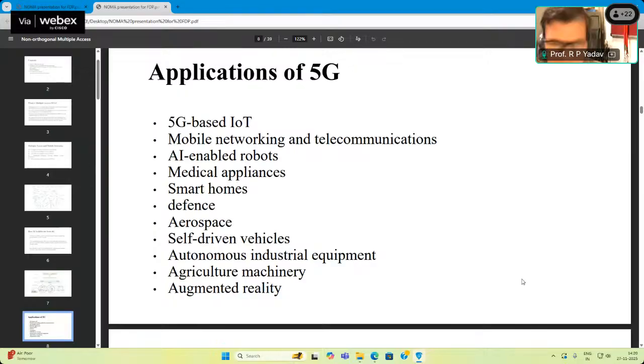There are a number of applications already talked about that are IoT based. This is a very important part of the 5G system. Then mobile networking and telecommunications, AI enabled robots. That's what we listen to every day on TV and in newspapers, about what artificial intelligence is going to do. A lot of applications people are talking about, and we see them every day on social media.